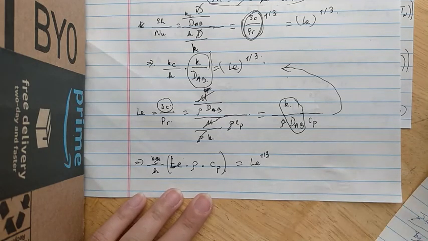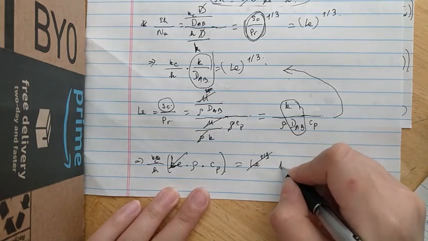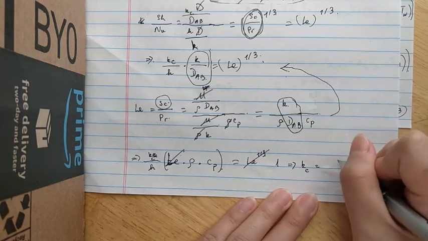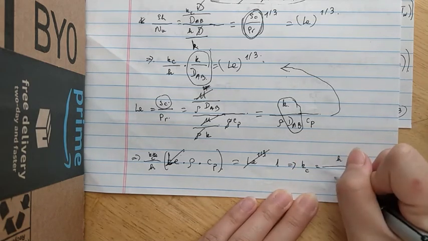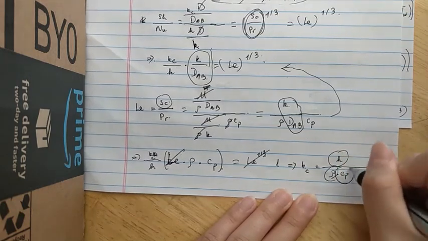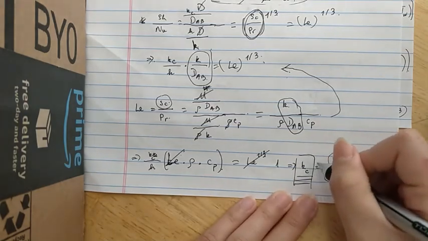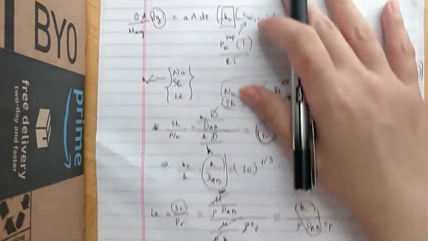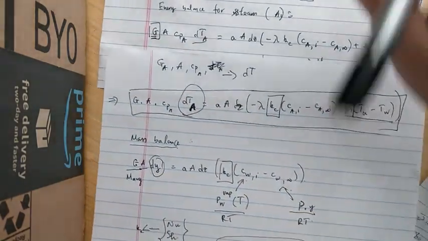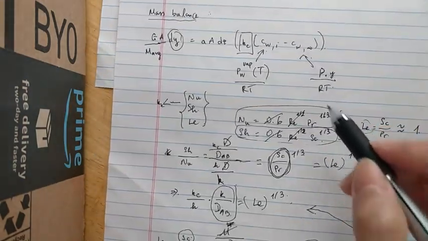Because the Lewis number is 1, we can cross it out. So we have Kc equals H over rho CP. We know H, rho and CP, so we will know Kc, and we can put Kc into these 3 equations.